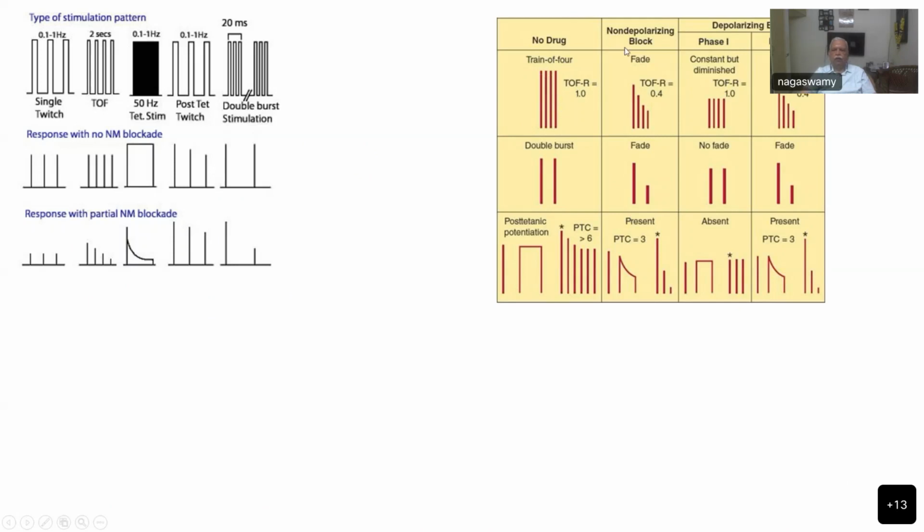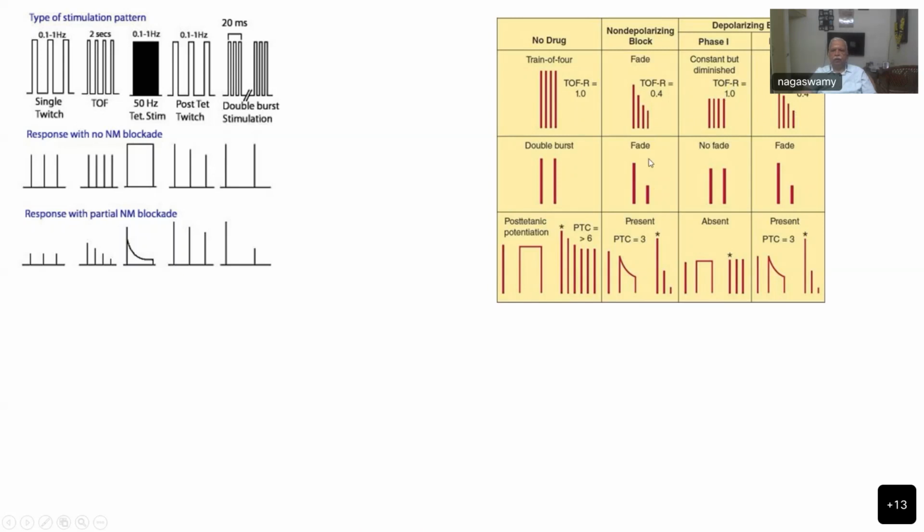Once a non-depolarizing block is there and you test for fade, you find the first twitch is very tall and the fourth twitch is the shortest, so there is a gradual decline in the height of the muscle twitch. In phase 1 it is a miniature form of the normal, but when the depolarizing muscle relaxant goes into phase 2, it behaves like a non-depolarizing block and there is fade occurring there. Okay?